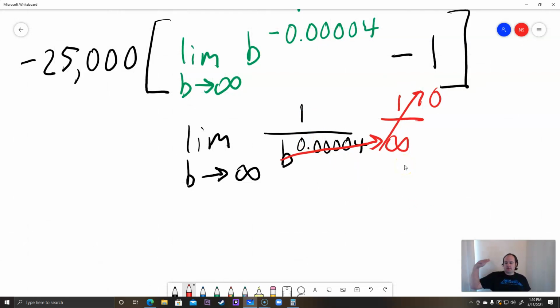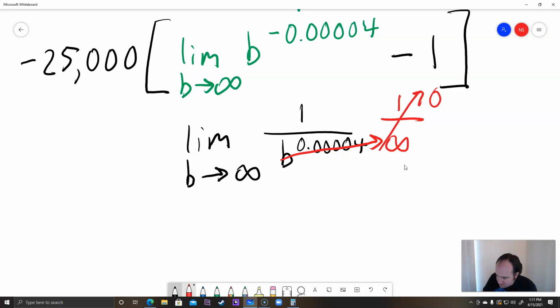Because your numerator is fixed, but your denominator is becoming infinitely large. And if you don't believe me, just look at 1 over x in a graphing calculator and look as x goes to infinity on the right side, you're going to see that 1 over x is approaching 0 as a horizontal asymptote. Okay, so that limit is just 0.